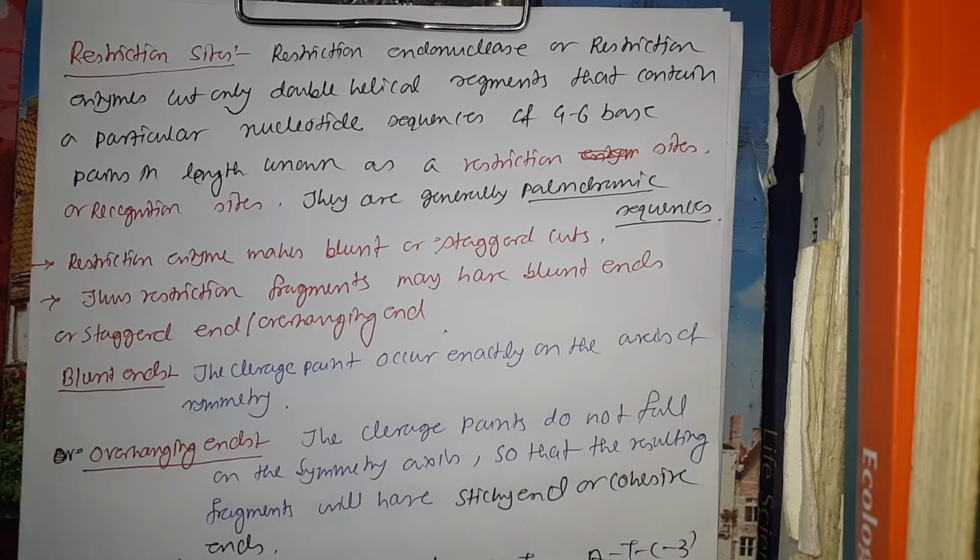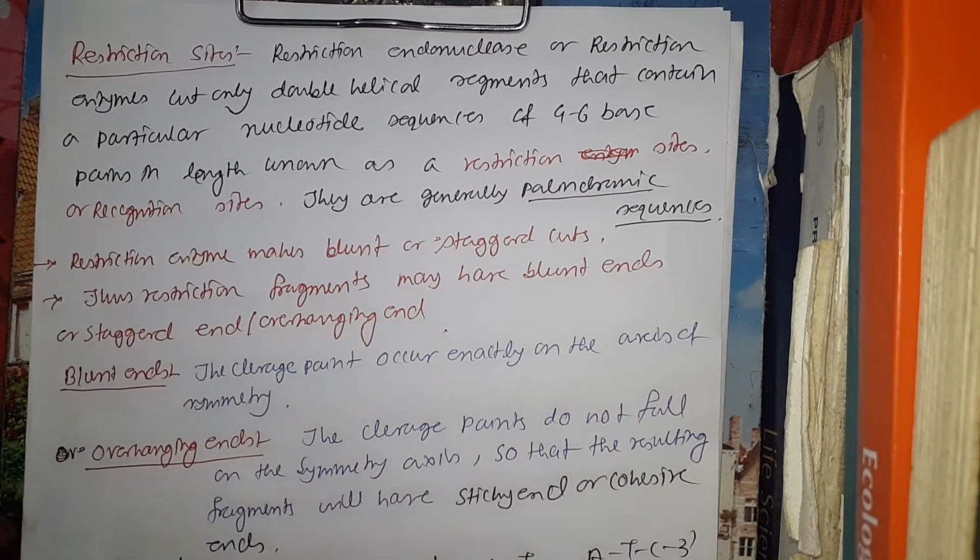Suppose we need to cut the gene that codes for the protein insulin. We can apply a restriction endonuclease that can recognize the specific nucleotide sequence of the insulin coding gene, and it will cut it. That is what a restriction endonuclease or restriction enzyme does.